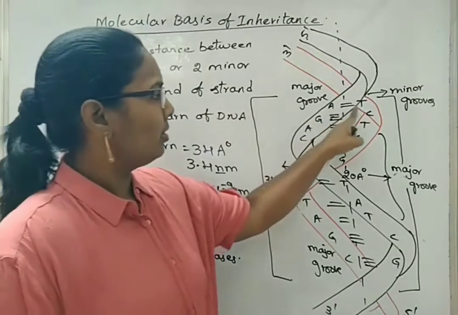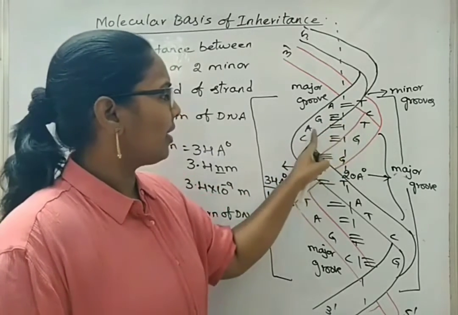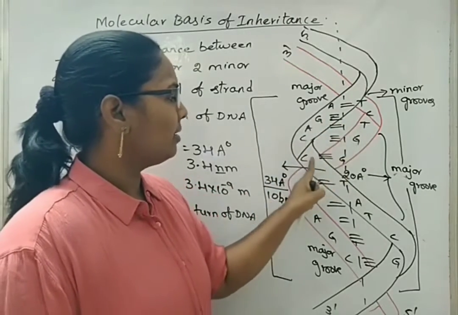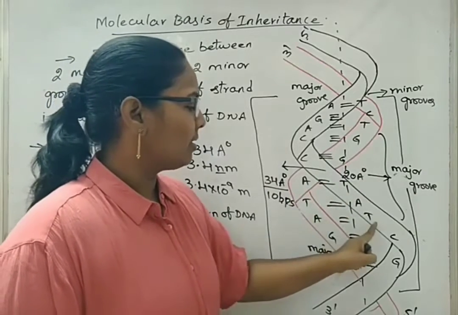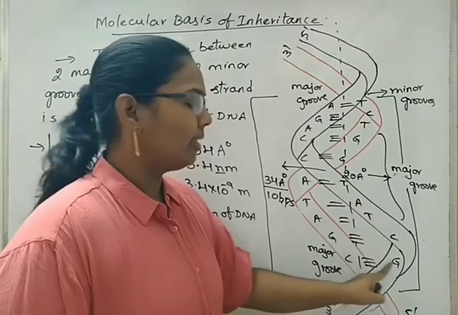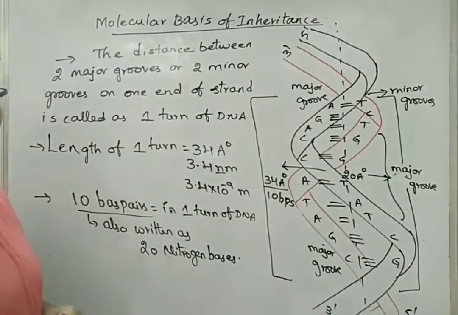We count 1 to 20. 20 nitrogen bases are present in one turn of DNA.